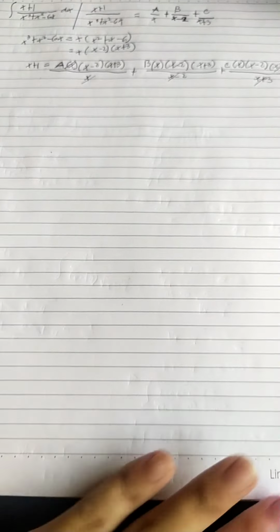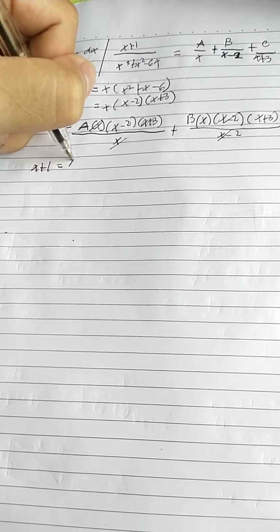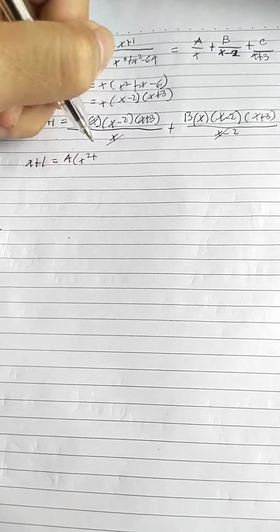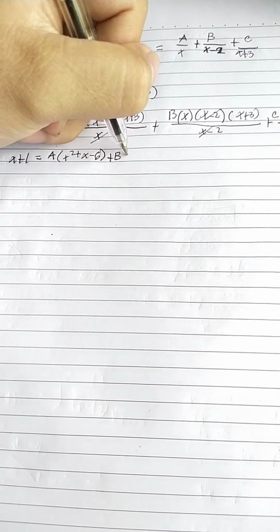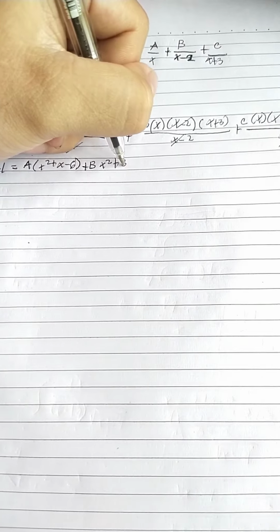So now let us find the value of A, B, and C. So x plus 1 is equal to A times x squared plus x minus 6 plus b times x squared plus 3bx plus cx squared minus 2cx.